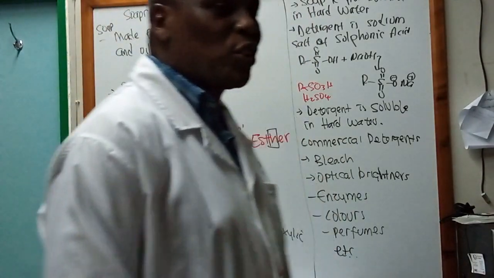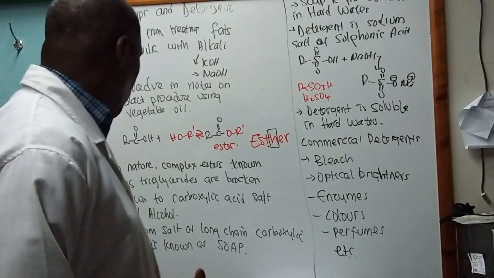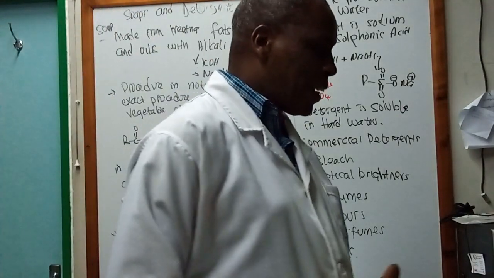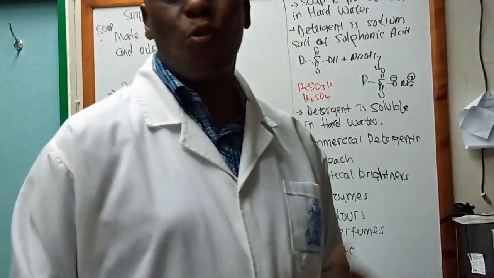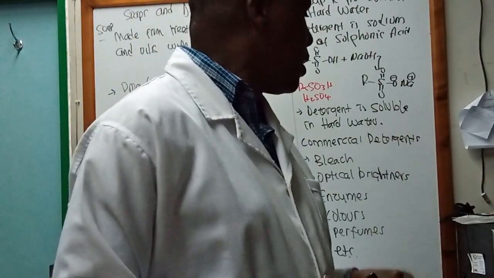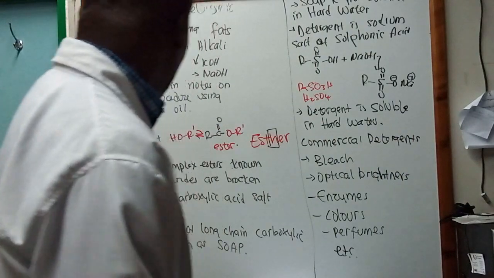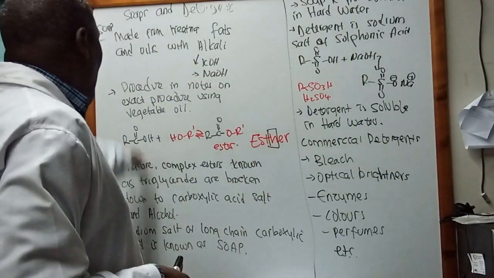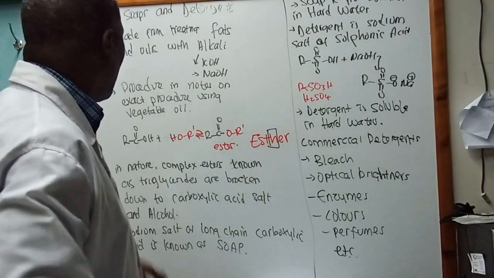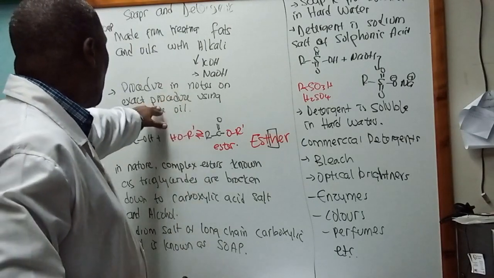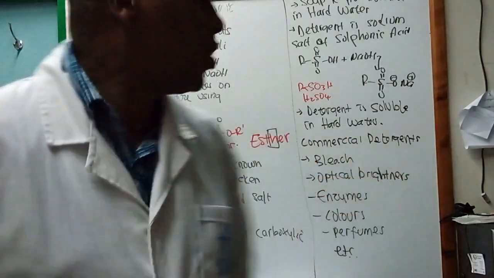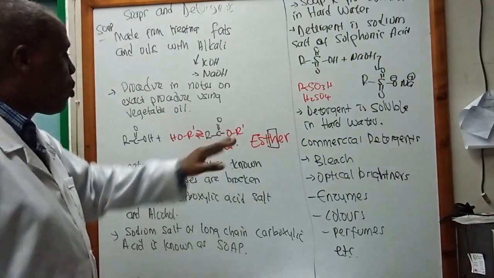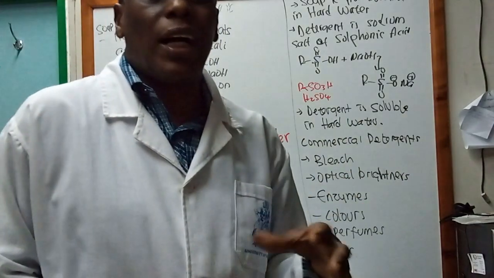Now, in the soft copy of the notes, there's some things which I've added for you who may be interested in trying to make some industrial products. One is that I've put forward an exact procedure in the notes which you can carry out on how you can use vegetable oil to make soap.